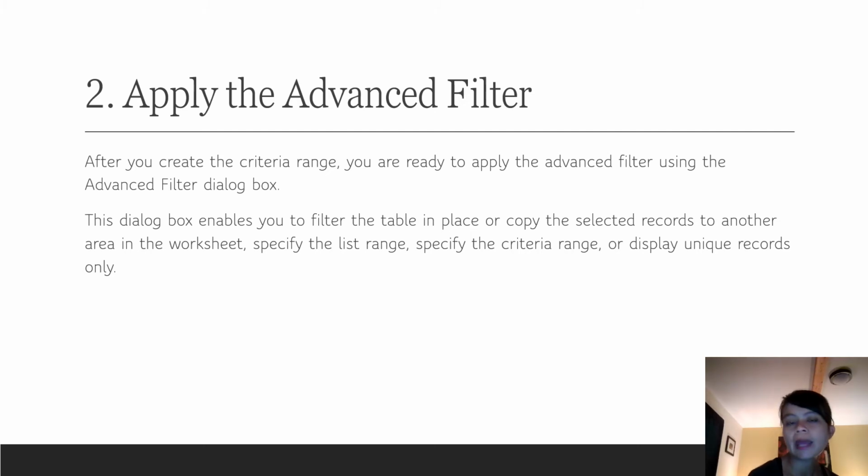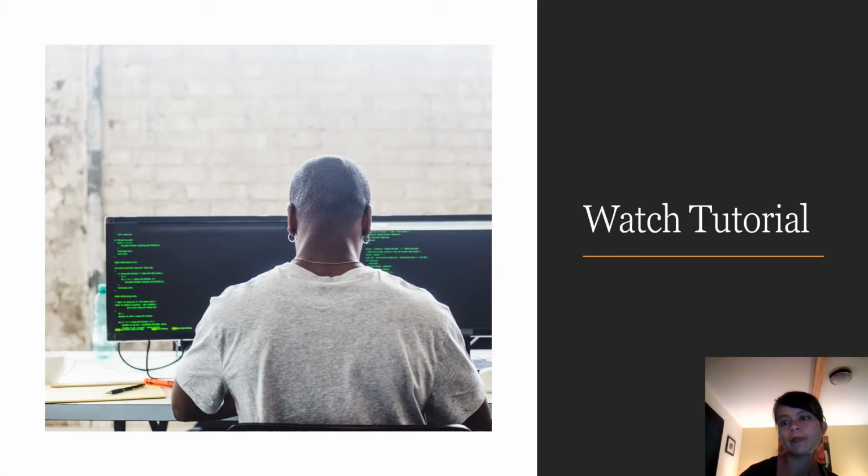Next, you're going to apply the advanced filter. So after you create the criteria range, you're now ready to apply the advanced filter using the advanced filter dialog box. This allows you to filter the table in place or copy the selected records to another area in the worksheet, and here you can specify the list range, specify the criteria range, or display unique records only.